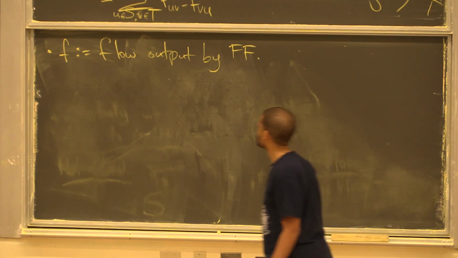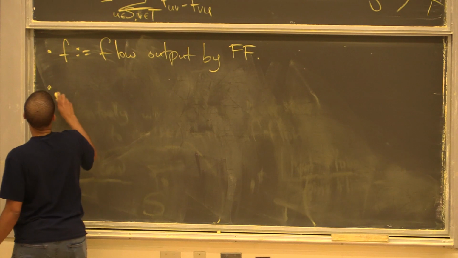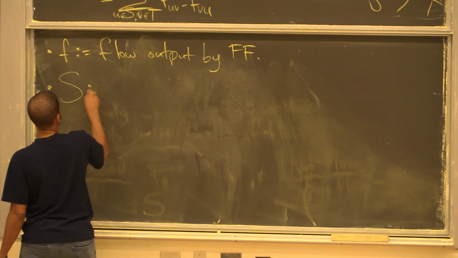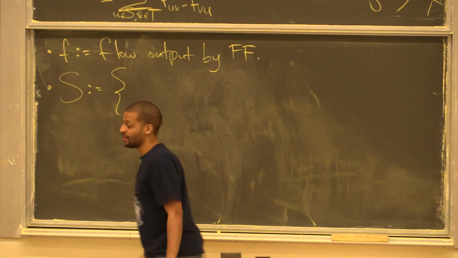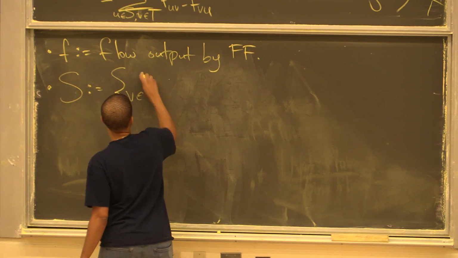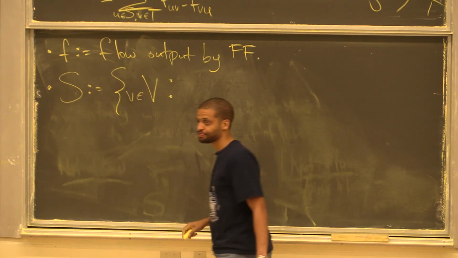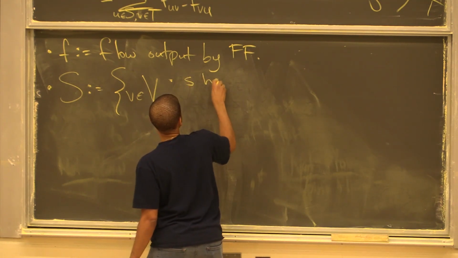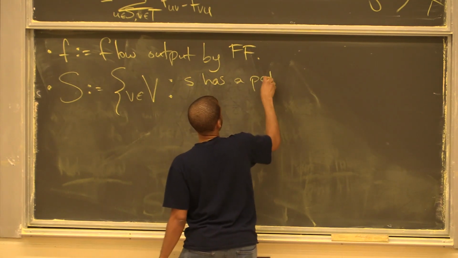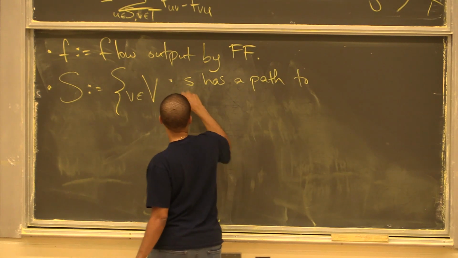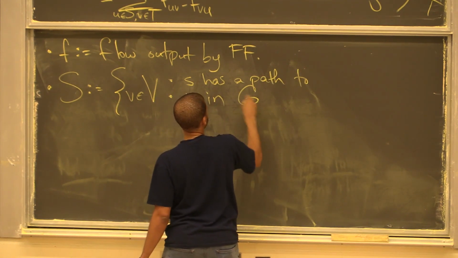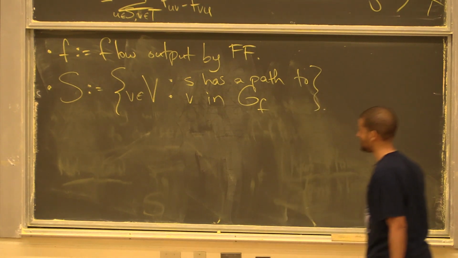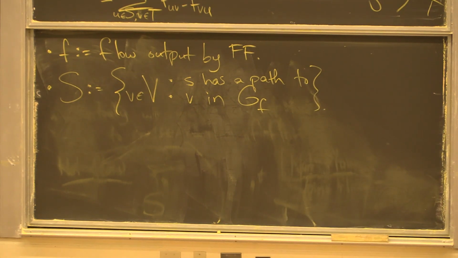And I'll define capital S to be the set of all vertices V such that little s has a path to V in the residual graph G_F. So that's the definition of little f and capital S.